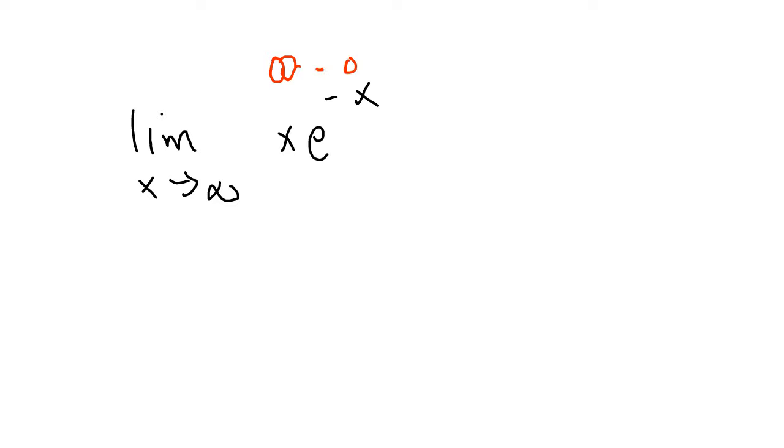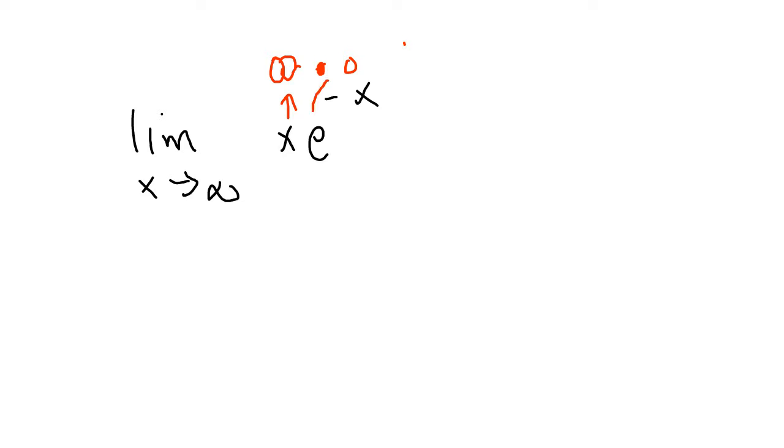If you have the limit as x goes to infinity of x times e to the negative x, this is like infinity times 0. It's an indeterminate form. X goes to infinity, but e to the negative x goes to 0, right?